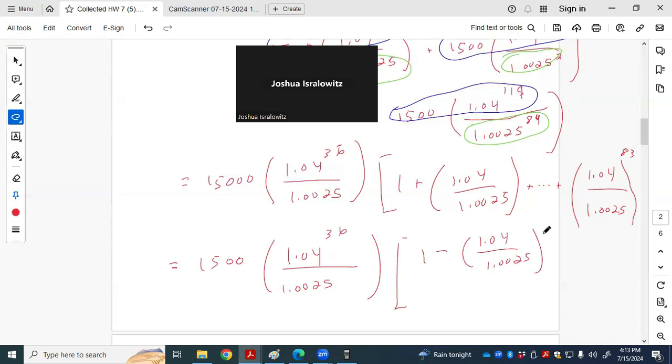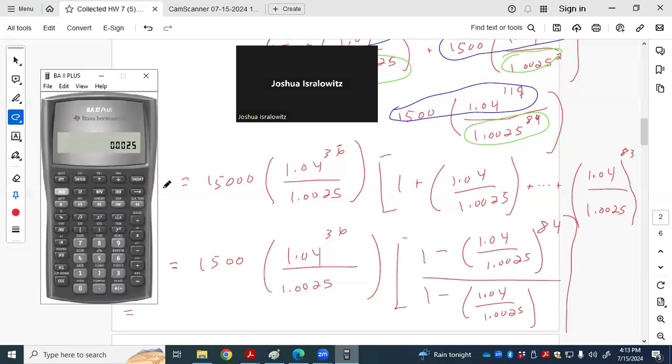I would get this and save it, which makes your life much easier. Kind of work backwards. It's really easy to do on a calculator if you do that. All right, so what is this here? I won't even write it.